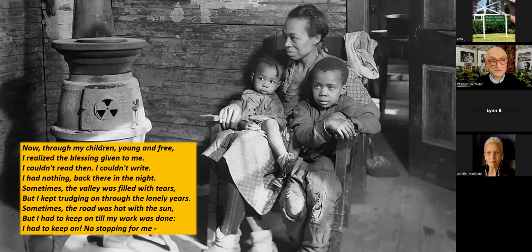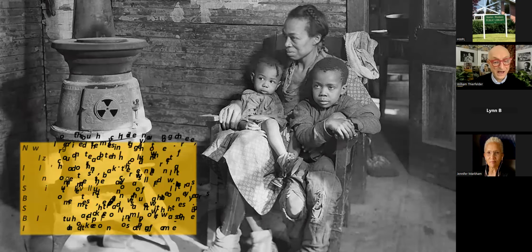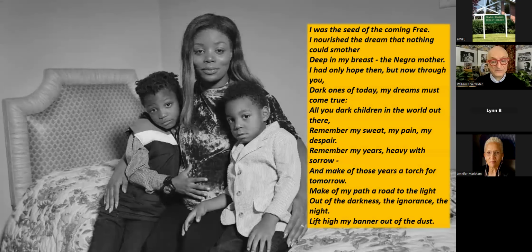Sometimes the valley was filled with tears, but I kept trudging on through the lonely years. Sometimes the road was hot with the sun, but I had to keep on till my work was done. I had to keep on. No stopping for me. I was the seed of the coming free. I nourished the dream that nothing could smother deep in my breast, the Negro mother.